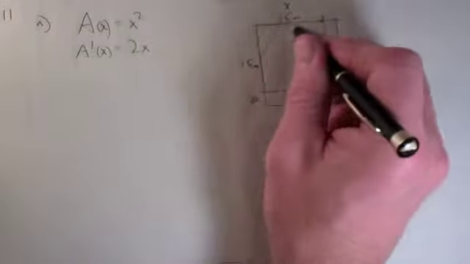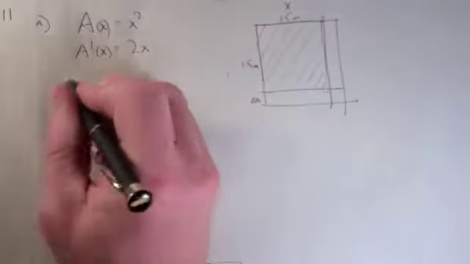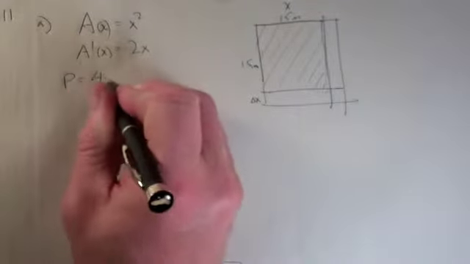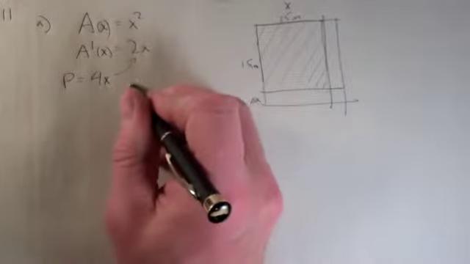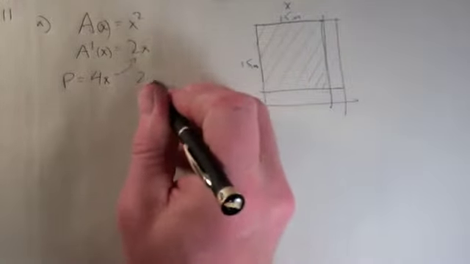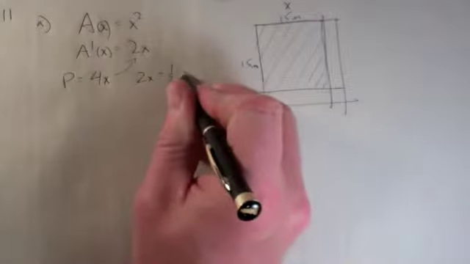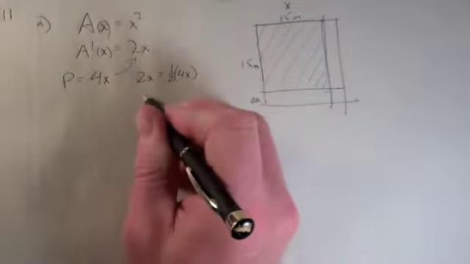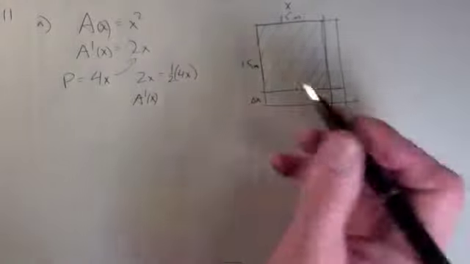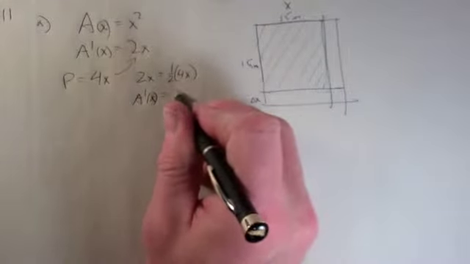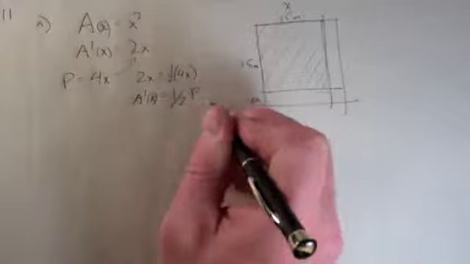Well, the perimeter there is 4x. So 2x is equal to 1/2 of 4x. So the derivative or the rate of change is just equal to 1/2 of the perimeter.